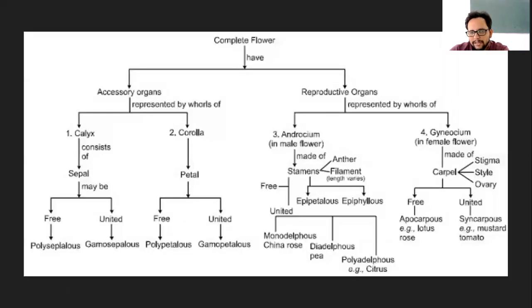And this is another one, mentioning the different types of flowers based on the arrangement of the sepal, petal, and also of the stamen and the carpel. We will see this further, but I have just kept it here for the moment. So those are the different types of flowers based on different floral parts.